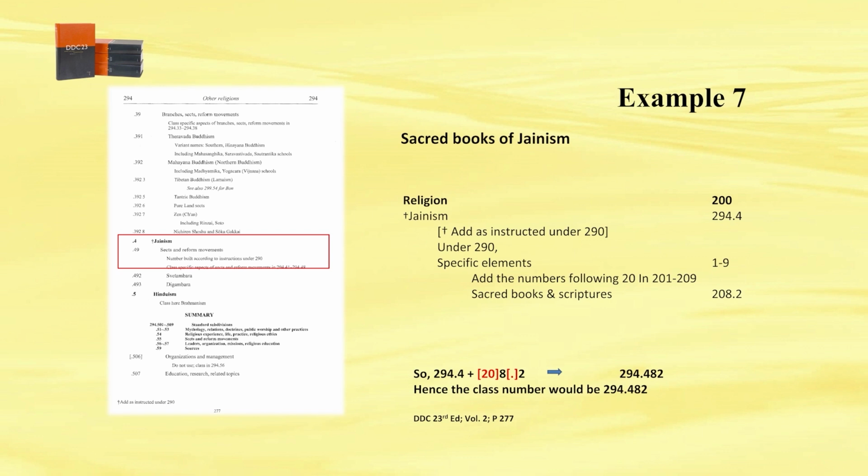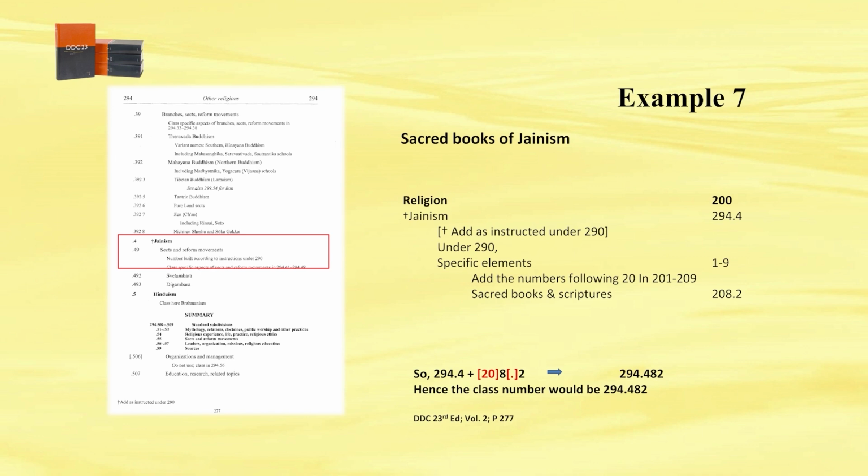It is marked with red, and as we have already used a dot after 294, the dot after 8 is not required here because in any class number there is only one dot and the rest we will use the spaces that we have already mentioned.